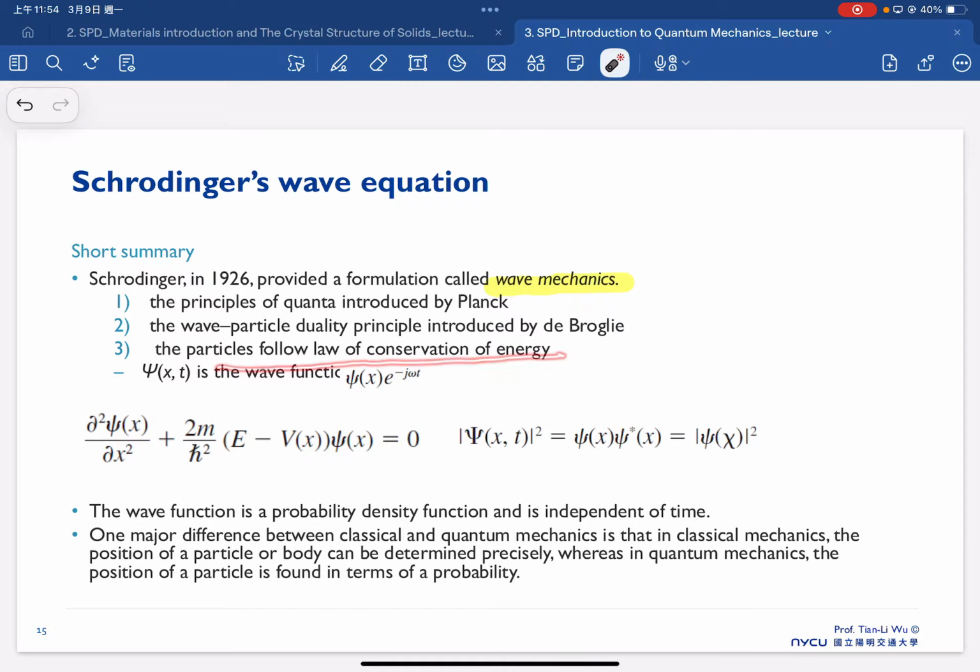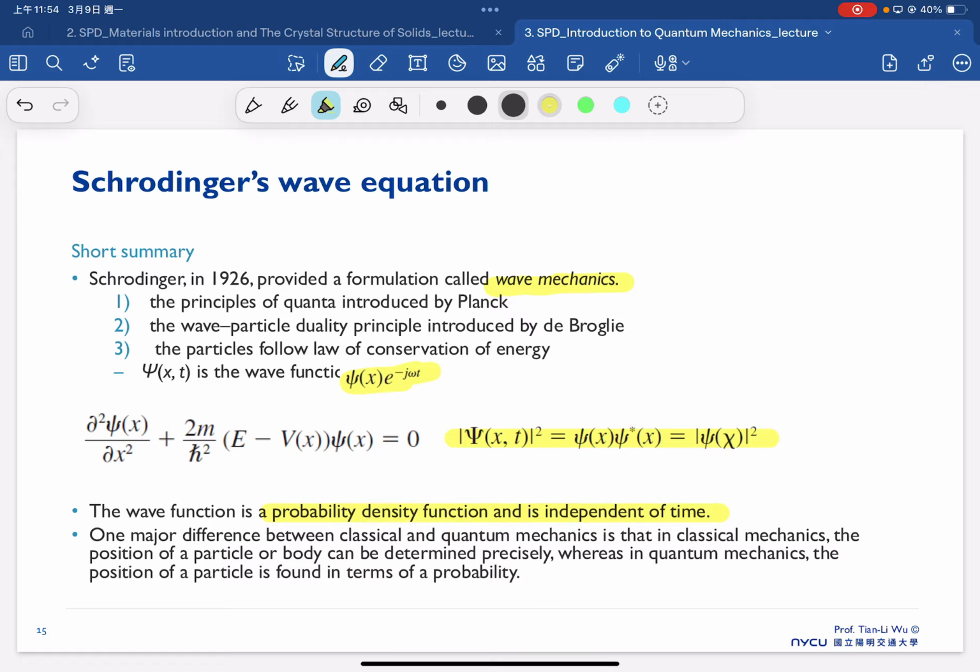In the end, the wave function can be expressed as shown here. And therefore, we put this one in the time-independent Schrödinger wave equation. So we got this conclusion. This output equation shown here indicates that the wave function is a probability density function and is independent of the time.